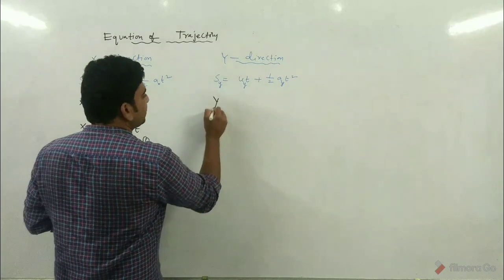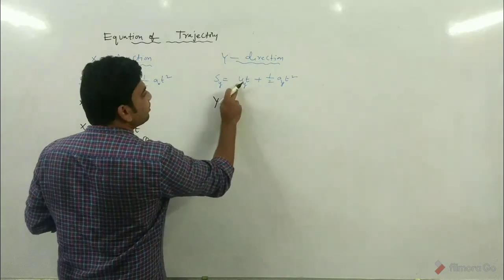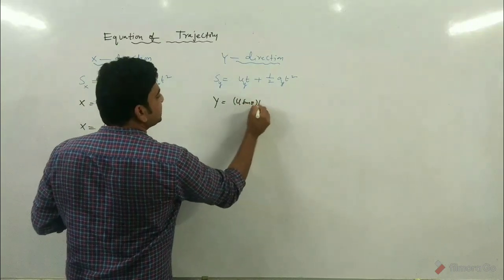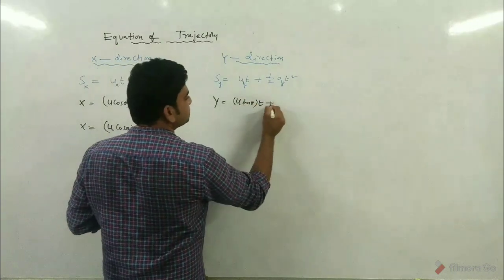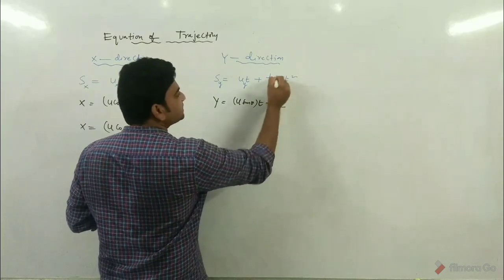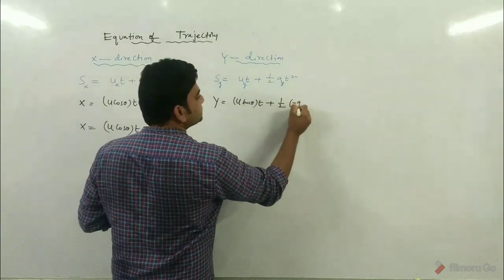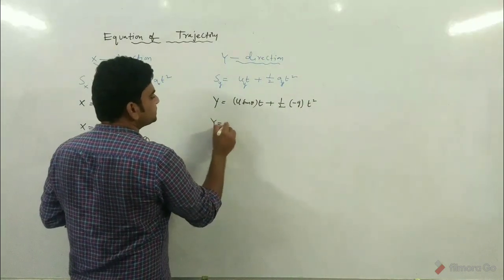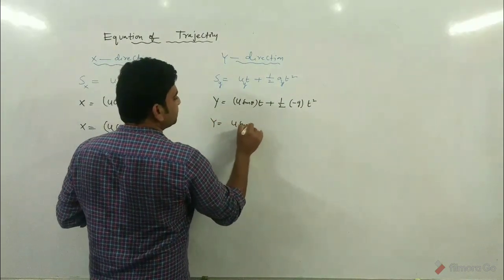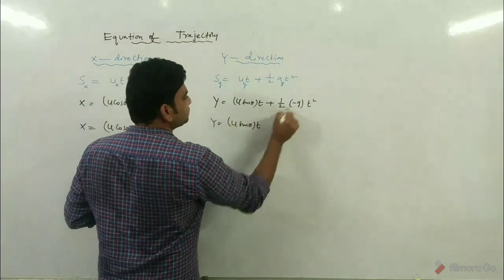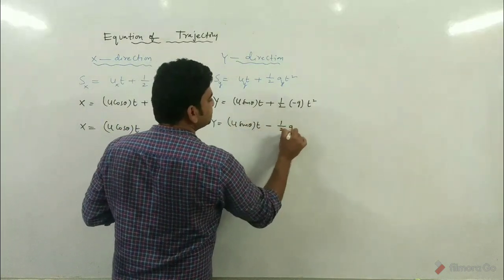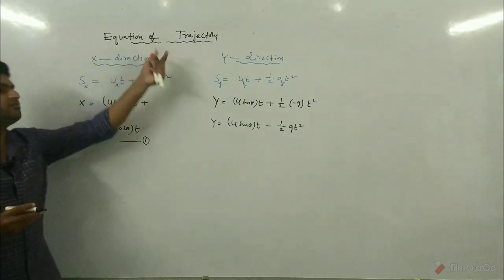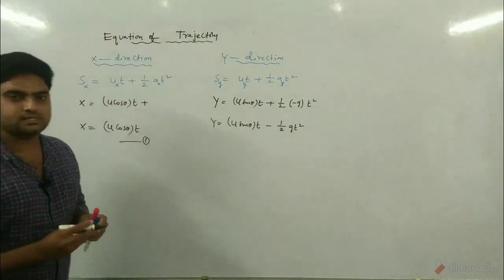So this is my y, which equals, the velocity along the vertical direction is u sin theta into t as it is, plus 1 by 2 into my acceleration along the y direction, which is minus g, into t square. Further simplification: y equals u sin theta into t minus half g t square.